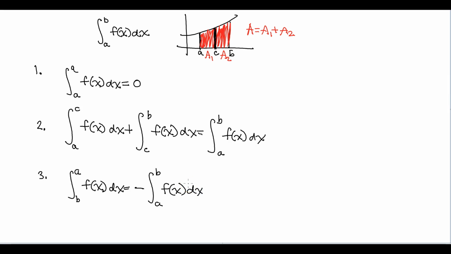So 3 is also a powerful tool. In many AP questions, they will sometimes ask you to take an integral where the upper limit, so what the top number is called, is lower than the lower limit. So you would have to switch the limits of integration and take the negative so that you can actually evaluate this integral.